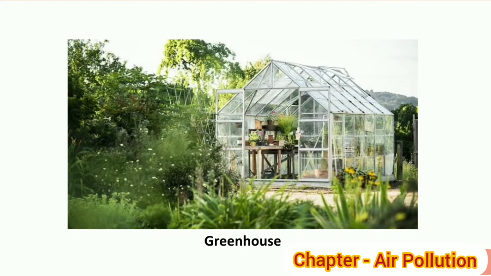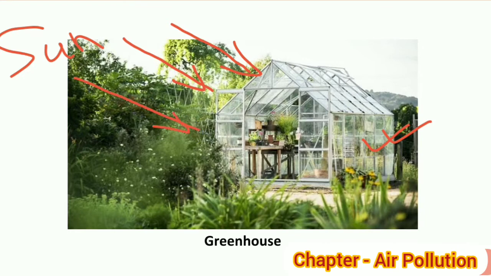Students, so the phenomenon is quite like this. This is a greenhouse, you can see. The walls of the greenhouse are made up of glass. So when the sun rays, here is the sun, come from the outside towards the greenhouse, these rays are trapped inside the greenhouse.